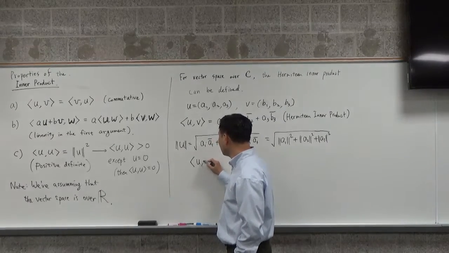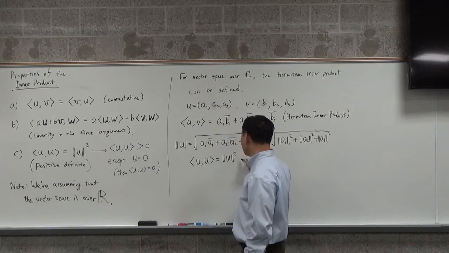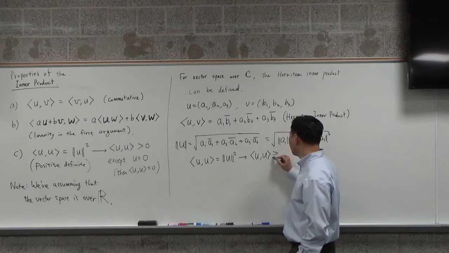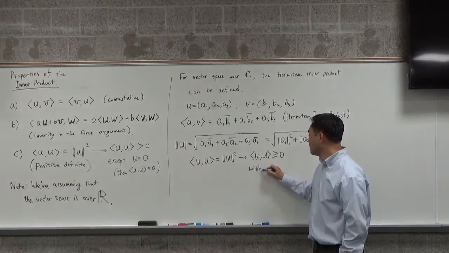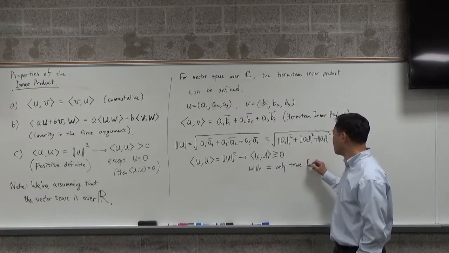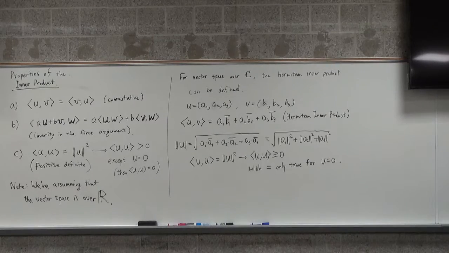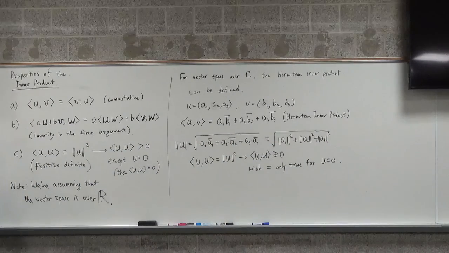So the inner product of u with itself would still be equal to the norm of u squared, so that it will still be non-negative, with equality only true for u equals 0. Okay? So that part will still be true with this Hermitian inner product. Is that okay? Yeah. All right.